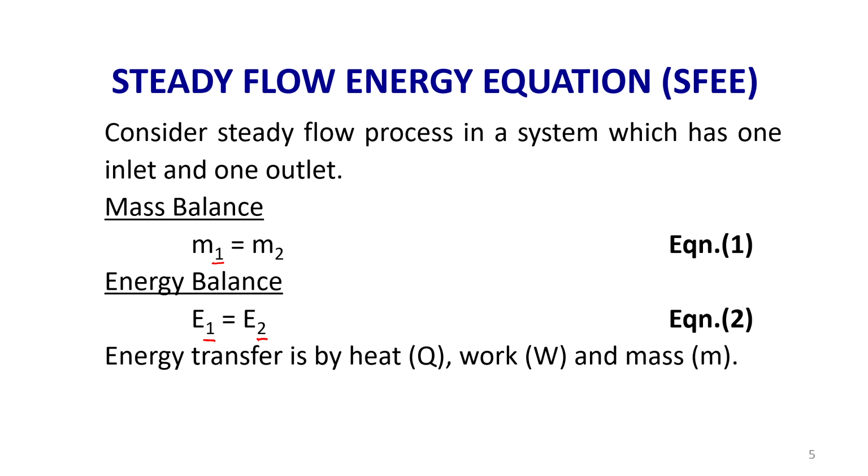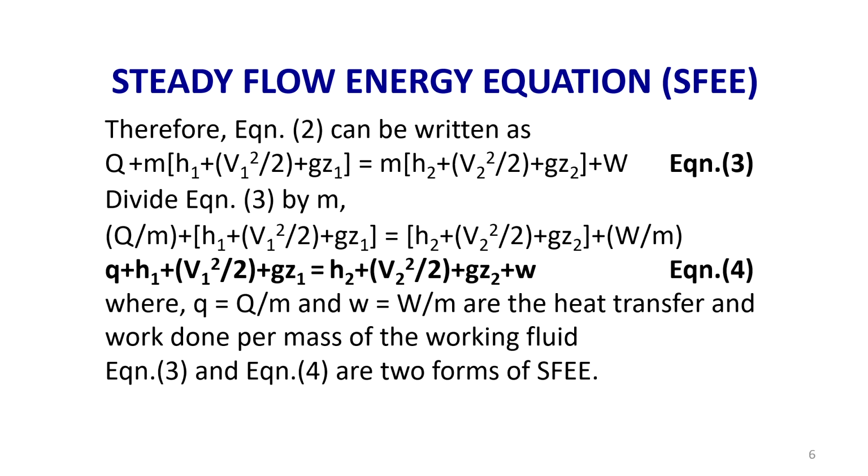Here the energy transfer is by heat, work and mass. I have taken M1 equal to M2 as equation number 1, and the energy balance equation as equation number 2. V1 square by 2 is the kinetic energy at the inlet, and this is the potential energy at the inlet.